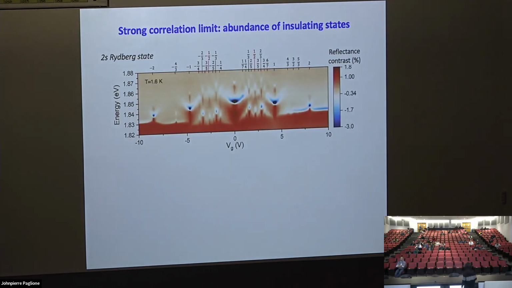Okay. So here is this map. What I'm showing here is the spectrum of the 2s exciton resonance in the sensor while I'm changing the gate. And what this gate does is to put more and more electrons, or more and more holes, into my sample.